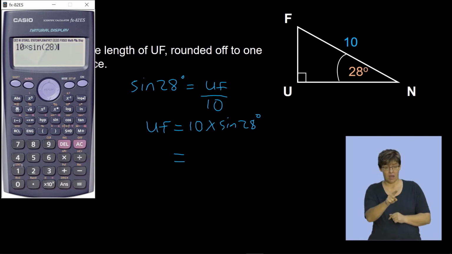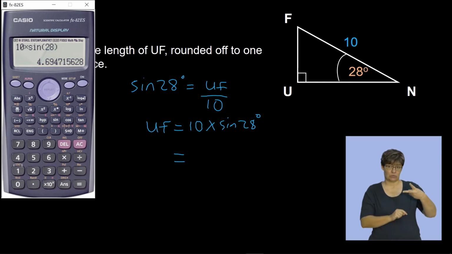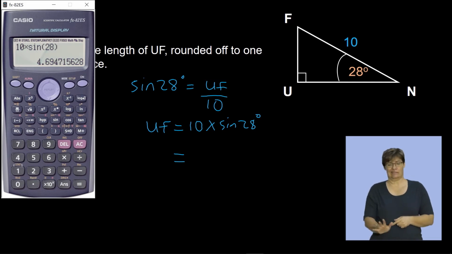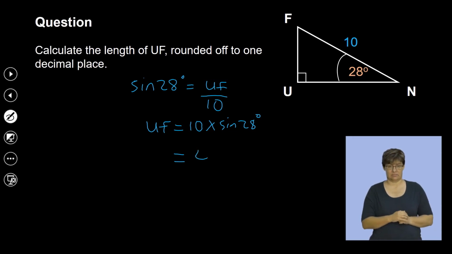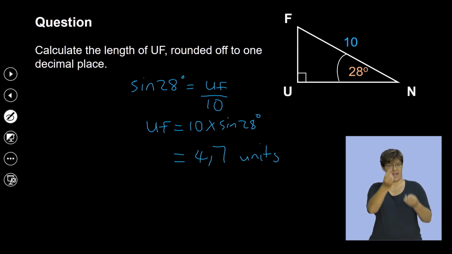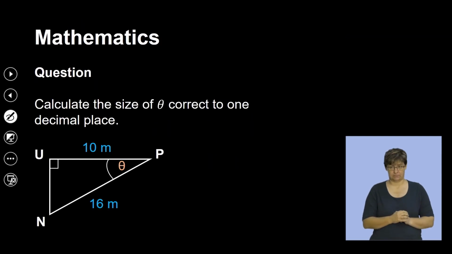Remember, when you are using your calculator, you need to make sure that it is in degrees, number one, and number two, it must be a scientific calculator and not the one we normally use to add up some basic numbers at early grades of our mathematics. So they said rounded off to one decimal place, so this will be 4.7 units. You're not going to say centimeters, meters, or anything like that, because they didn't give us the 10 in terms of having specific units.